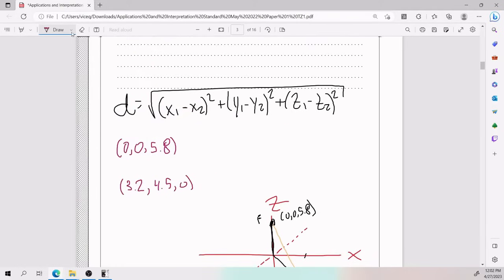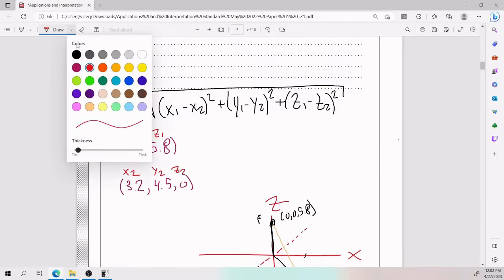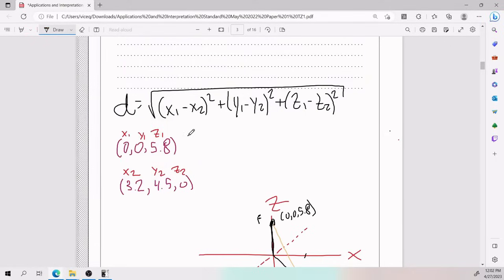And then, using fancy colors, hopefully, write that this is your x1, this is your y1, this is your z1, this is your x2, this is your y2, this is your z2, see? I know this might seem like a little duh, but this way you also make sure that you don't mess up. See, so applying this to my formula up there, I'm going to end up with my distance being equal to square root of x1 we said 0 minus x2 3.2 squared plus y1, which we said was 0 minus y2 4.5 squared.